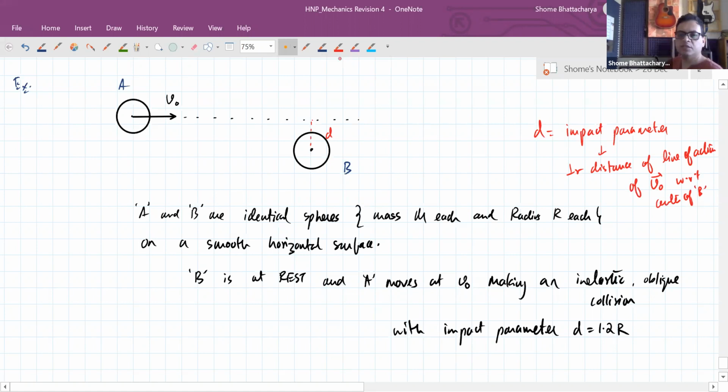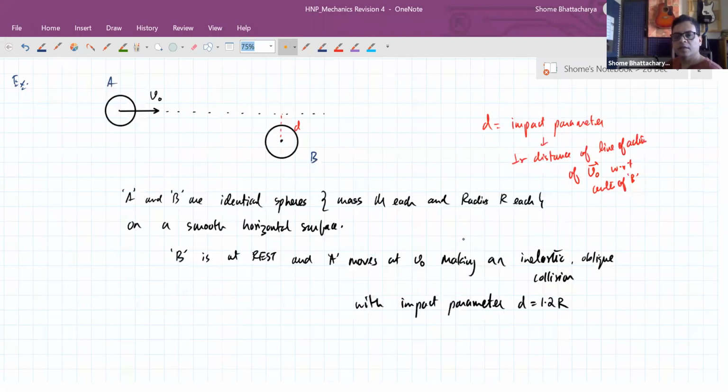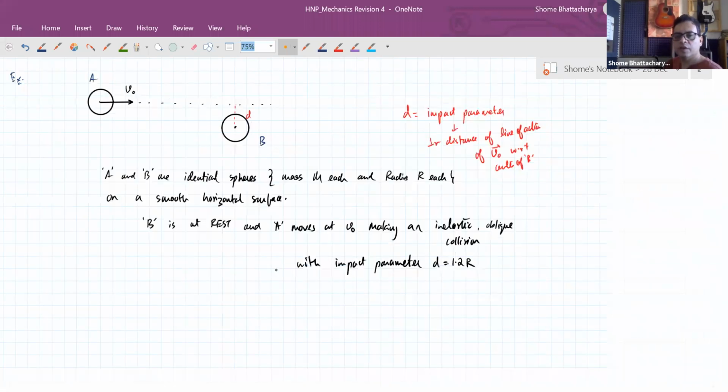If the impact parameter is 0, it would have been a head-on collision. But here it is 1.2 R. We are also given the coefficient of restitution, e equal to 0.5 or 1/2.